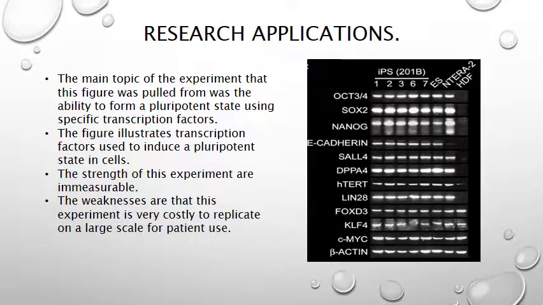So now we're going to discuss the research application portion. As you see here, we have immunoblotting on the right hand side. This immunoblotting was pulled from an assay that looked at induction of pluripotent stem cells.